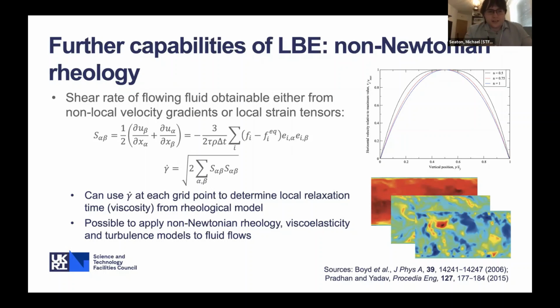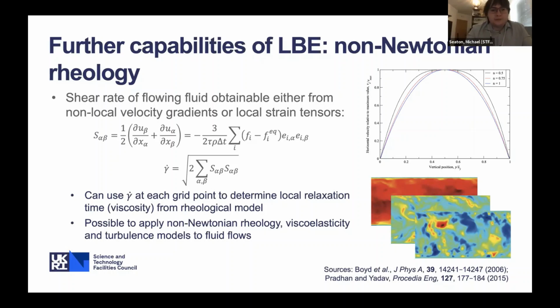But to get that, we have to calculate the shear rate of a flowing fluid, and we can get that either by calculating velocity gradients, which requires a stencil that looks around surrounding points, or we can calculate that directly for each grid point on its own by calculating a local strain tensor, the value on the right, which is dependent on the deviation of the distribution function from equilibrium.